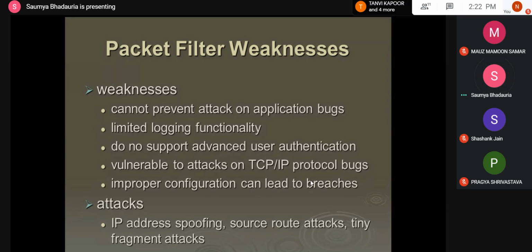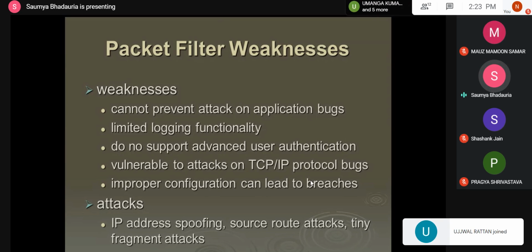Okay, now what is the countermeasure for this? The tiny fragment attack, I'm sorry, you can defend against it in such a case by ensuring that whenever the fragments are created, some part of the TCP header information needs to be present in the subsequent packets also.